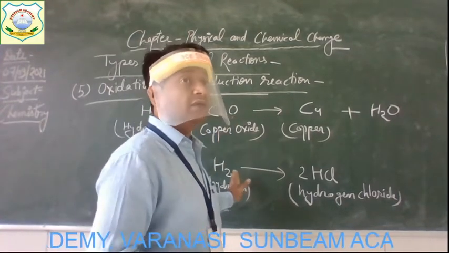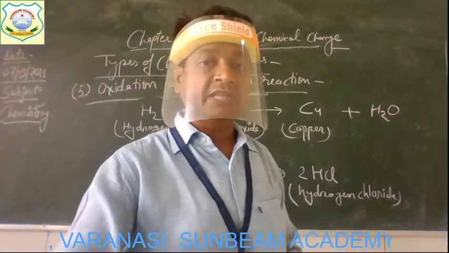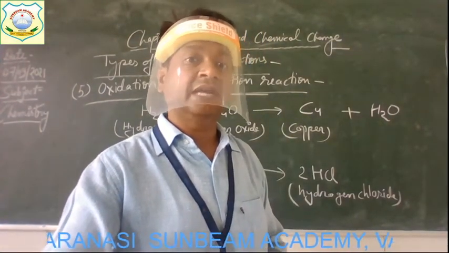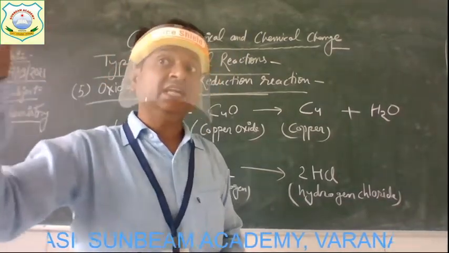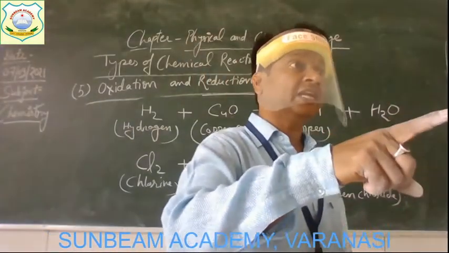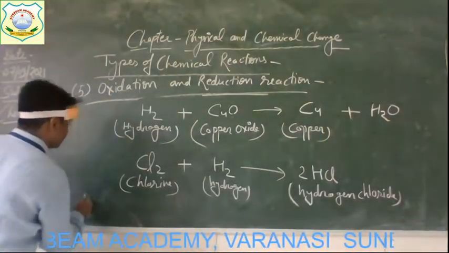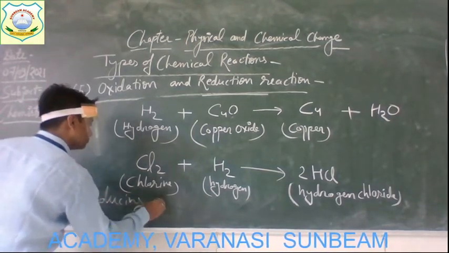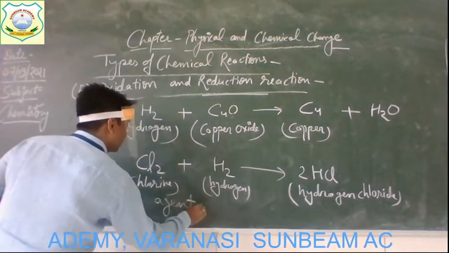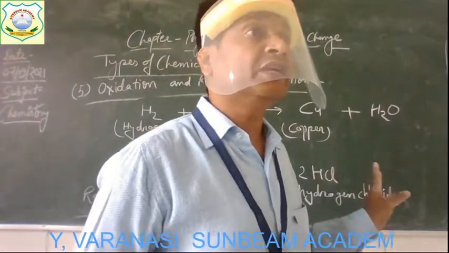So they both are what? Reduction reactions. Which type of reaction are they? Reduction reaction. And as an oxidizing agent is responsible for oxidation reaction, just like that, a reducing agent is responsible for reduction reaction.